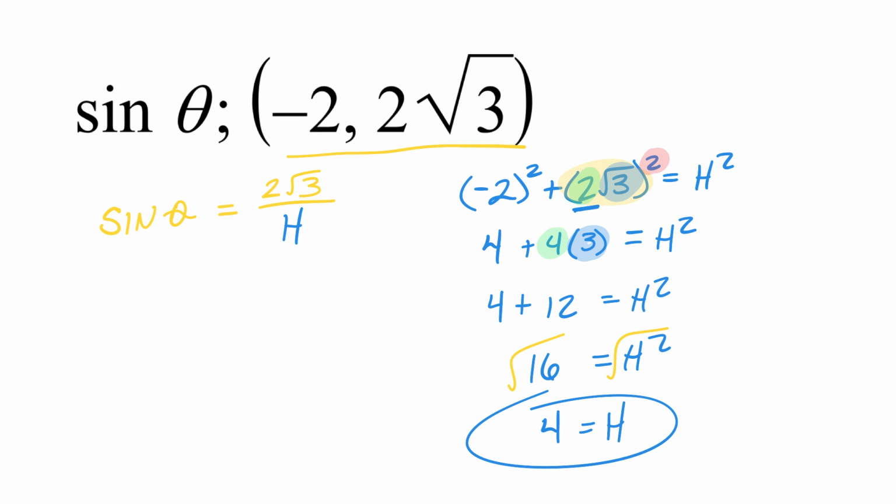So here's our equation. See if anybody catches what's going to actually happen here. Sine of theta equals 2 square root of 3 over 4. That is not an incorrect answer, but it is not the best answer. Can we see what's supposed to happen there?